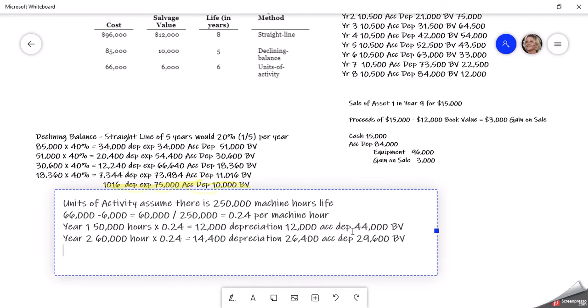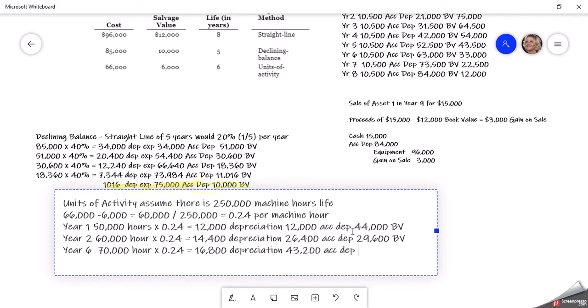Then in year three, let's say again, it's a record-breaking year. They have 70,000 hours times the 24 cents. So then that brings us up to $16,800 in depreciation. Our accumulated depreciation goes up to 43,200.